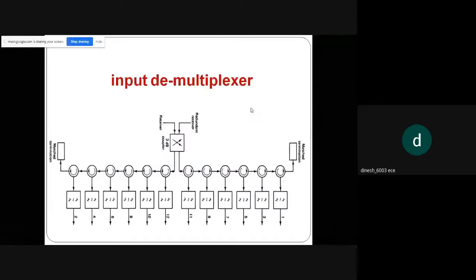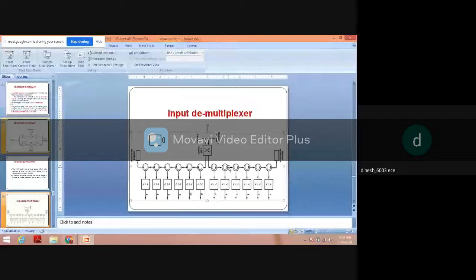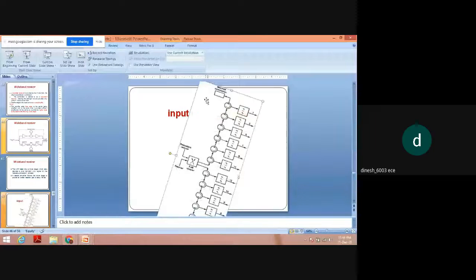So this is the input to your demultiplexer. I should rotate it. Just a minute, I'll rotate it. We have the matched terminations.